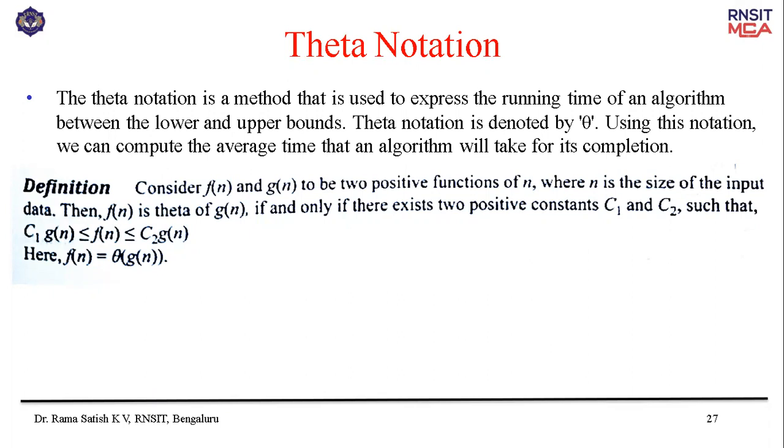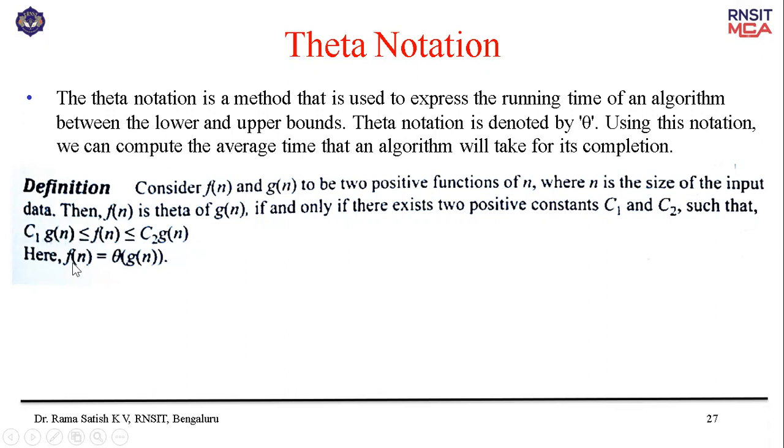Consider f of n and g of n are two positive functions of n, where n is the number of input data, and f of n is theta of g of n if and only if there exist two positive constants C1 and C2 such that C1 of g of n is less than or equal to f of n, that is less than or equal to C2 g of n.